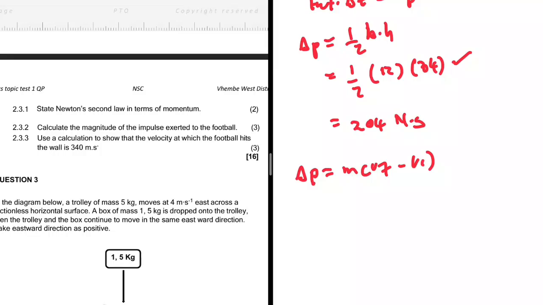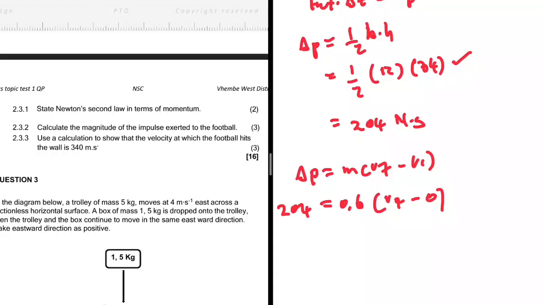So delta p is 204. The mass of the ball is 600 grams, so that is 0.6 kg. And then the final velocity is what we are interested in, minus the initial velocity. The ball comes from rest, so this is 0.